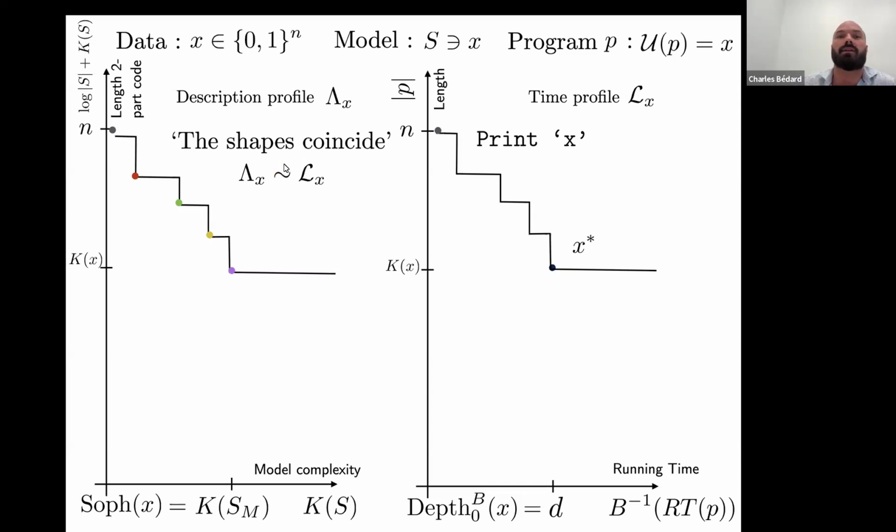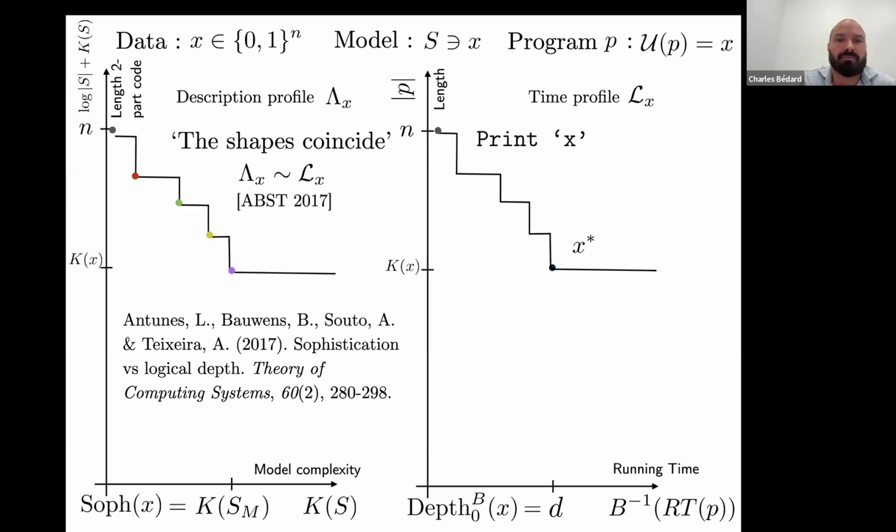This curve, capital lambda of x, is roughly the same curve as calligraphic L of x, which is assessed by the running time. This was shown by Antunes, Bauwens, Souto, and Teixeira back in 2017.